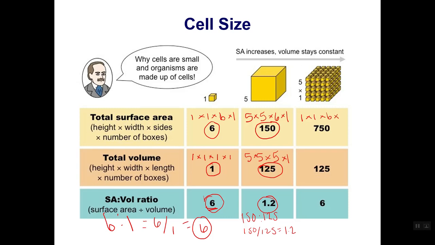And so there is 1, 2, 3, 4, 5 boxes, and then 1, 2, 3, 4, 5 boxes going down, and 1, 2, 3, 4, 5 boxes going back. So that means that we have a total then of 5 times 5 times 5 boxes, I believe. Let me check my math here.